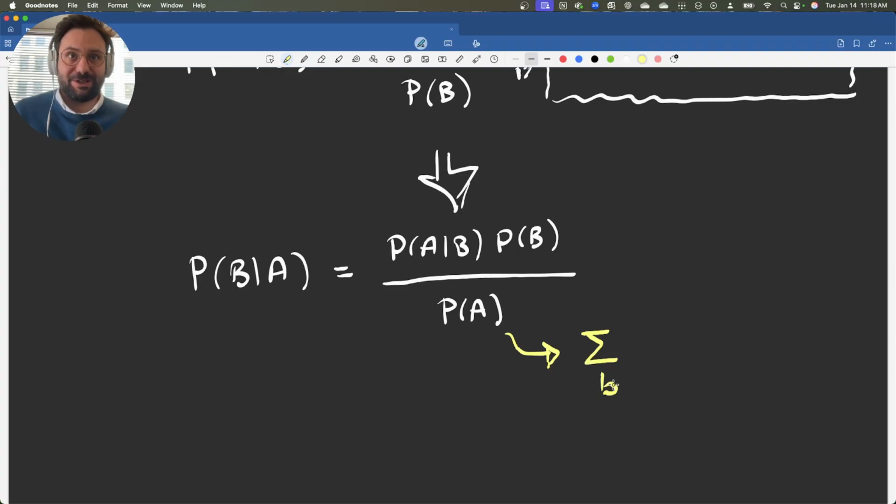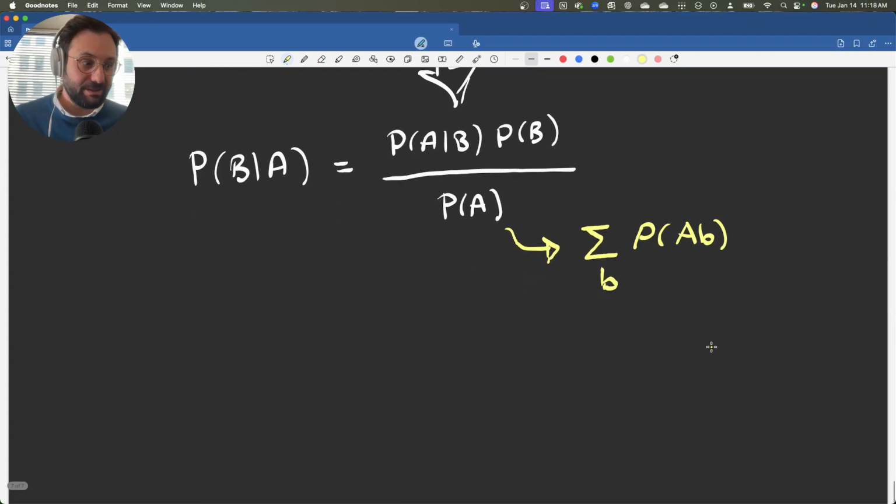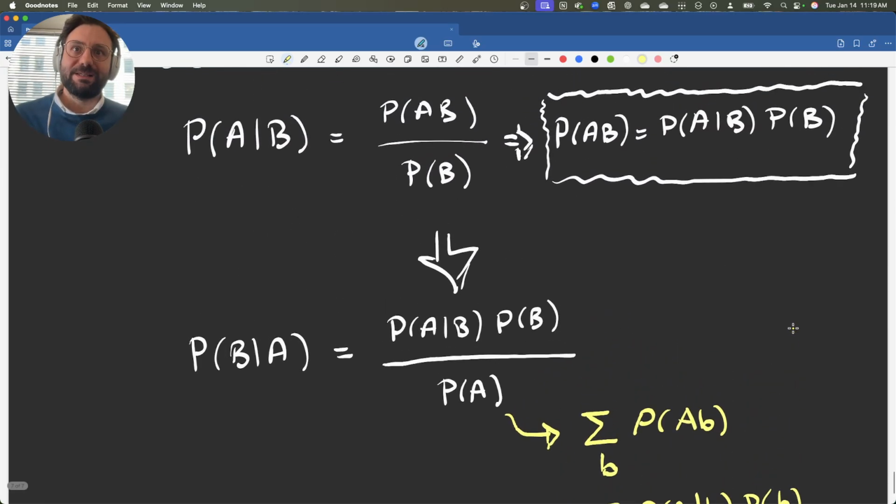In this situation there's no need to write the summation formula, but in order to present a more generic rule, I can write it as probability of AB, right? Or more easily, because the joint distribution is difficult, the sum over all possible B values, healthy, unhealthy, of probability of A given B, probability of B.